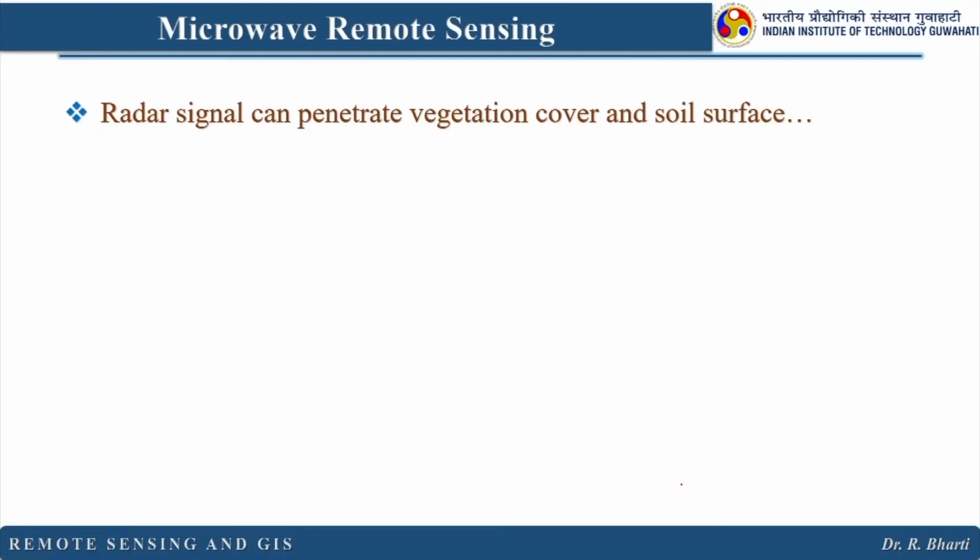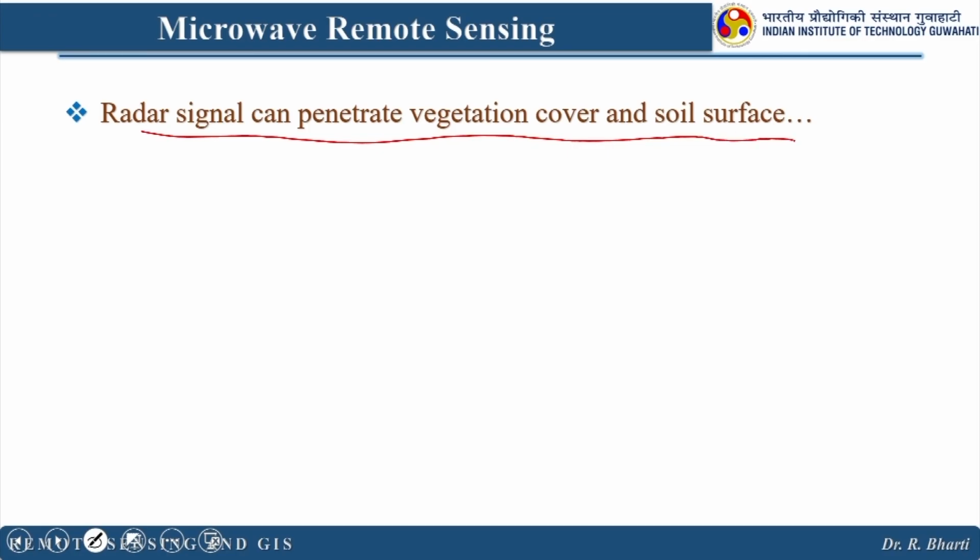In microwave remote sensing, the level of information is different, the quality of the information is different. So, let us understand what exactly we can do here which we cannot do in optical remote sensing. So, radar signal can penetrate vegetation cover and soil surfaces. Why?